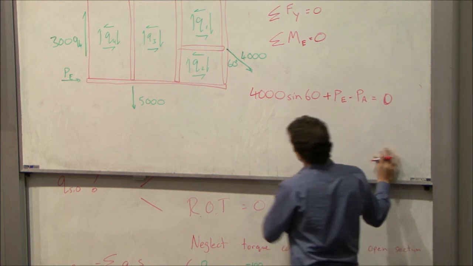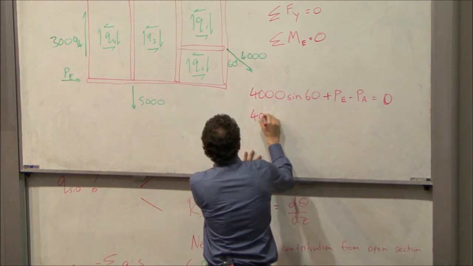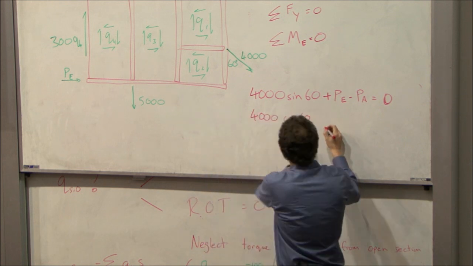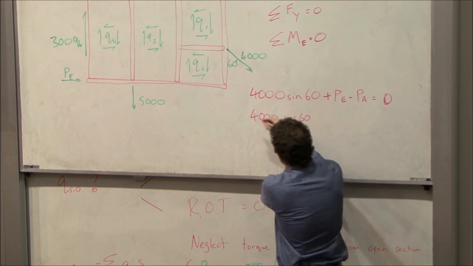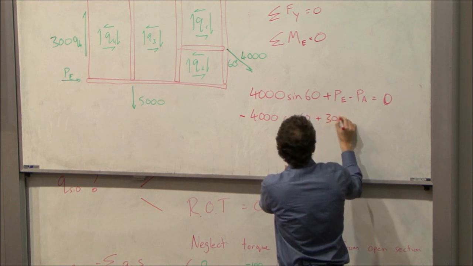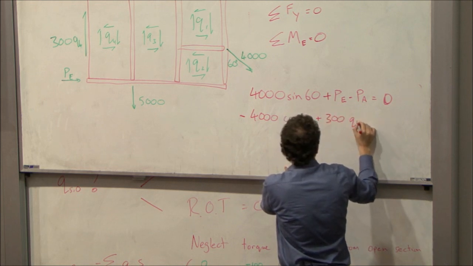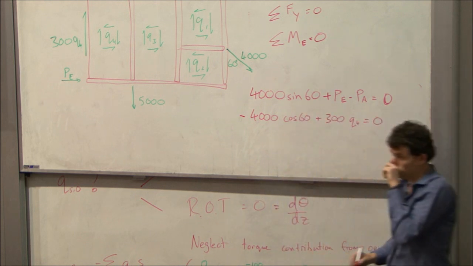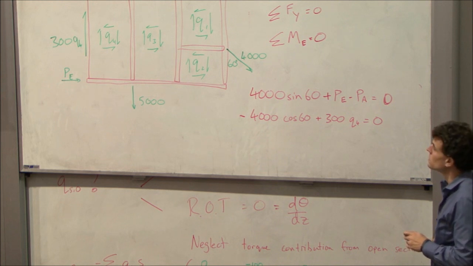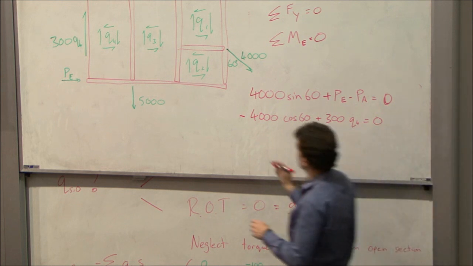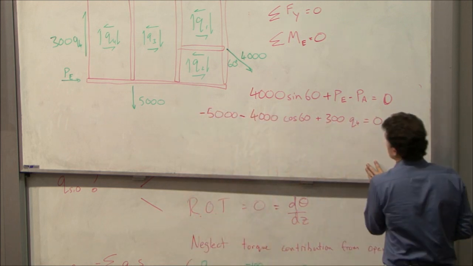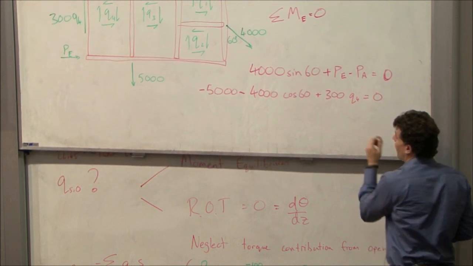Sum of forces in the y direction, sorry, that's minus 4,000 cos 60 plus 300 Q4 equals 0. Oh, sorry, yes, I've got another minus 5,000. I missed a force completely. Okay.